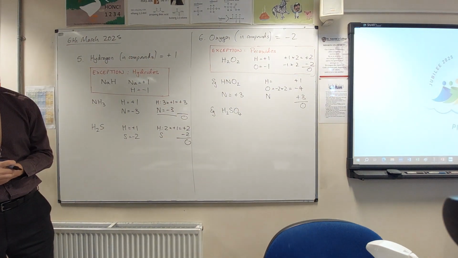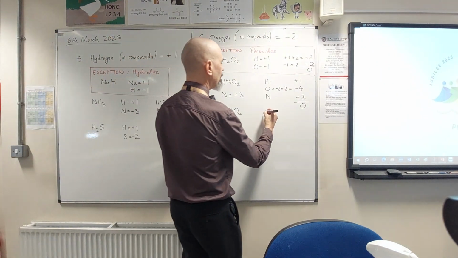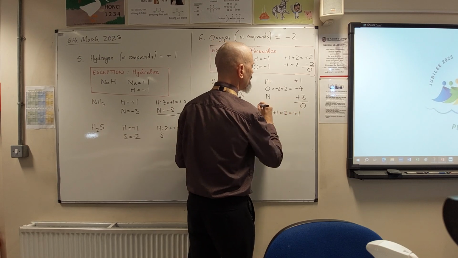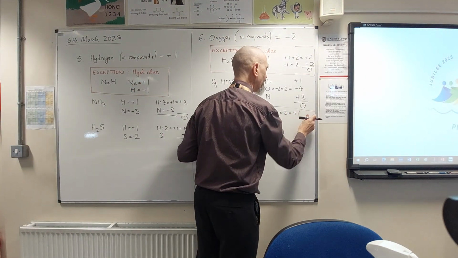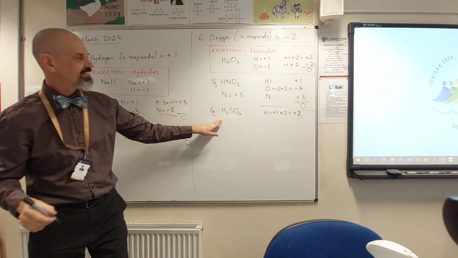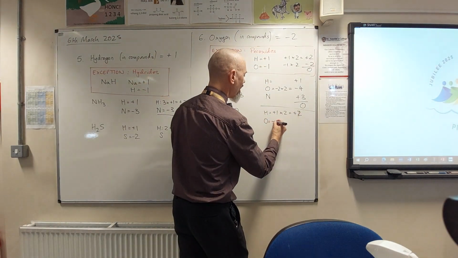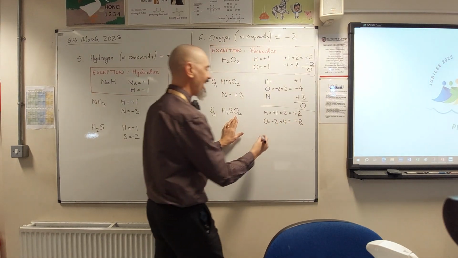Let's have a go at H2SO4. So hydrogen, rule number 5, is +1. There's 2 of them. Sorry, 2 ones are 2. It's maths for you. Oxygen is -2, and there's 4 of them, so that contributes -8.